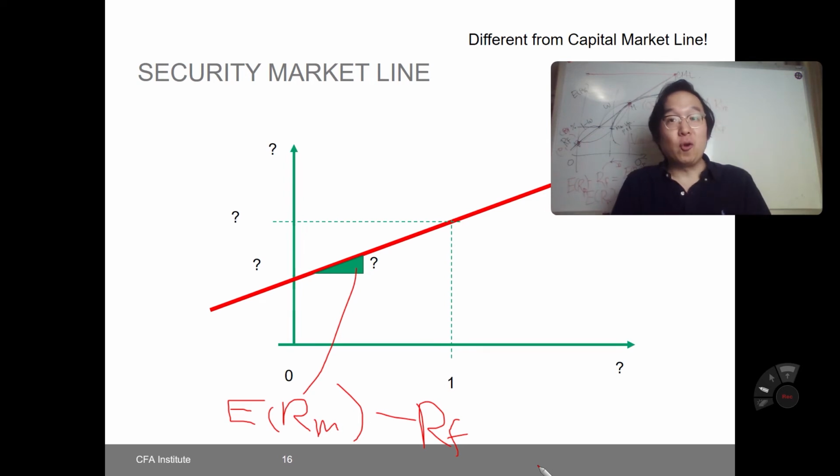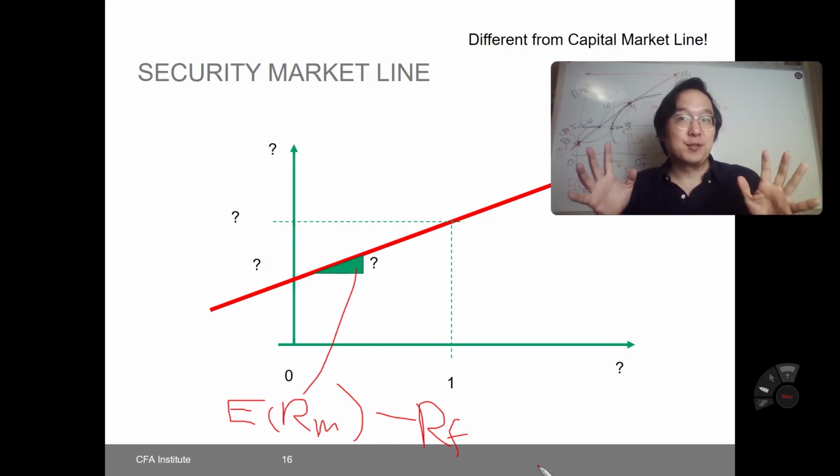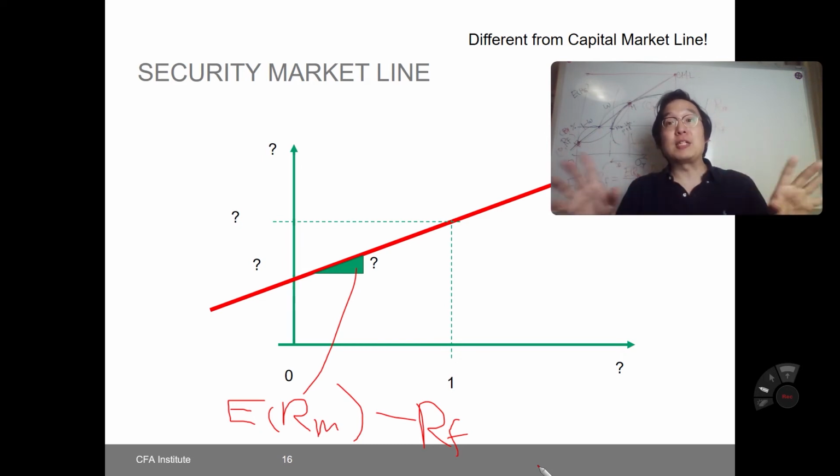I told you before that market risk premium is a function of what? The risk aversion of the investors. This is the best way to impress your economics professor. Market risk premium is a function of investors' risk aversion.